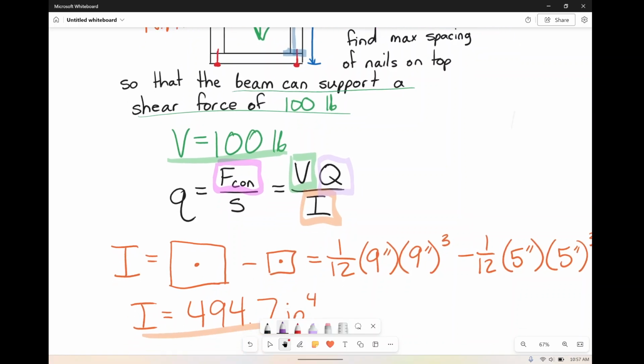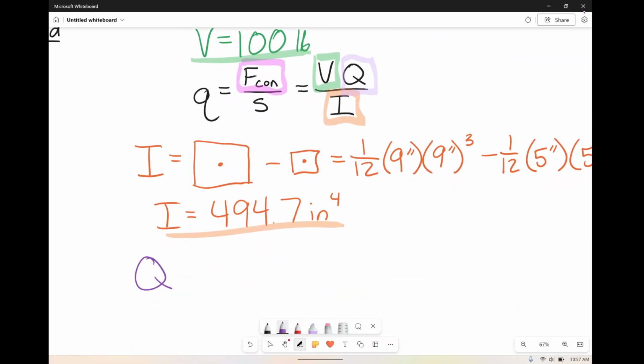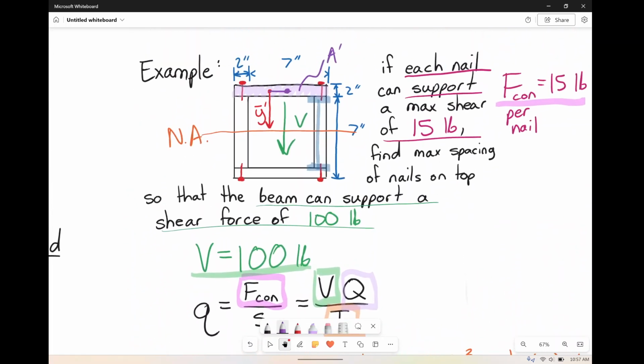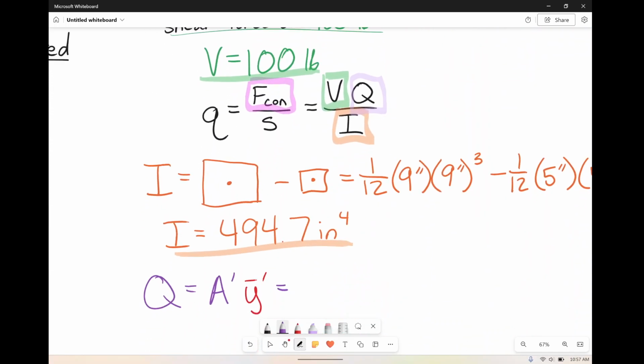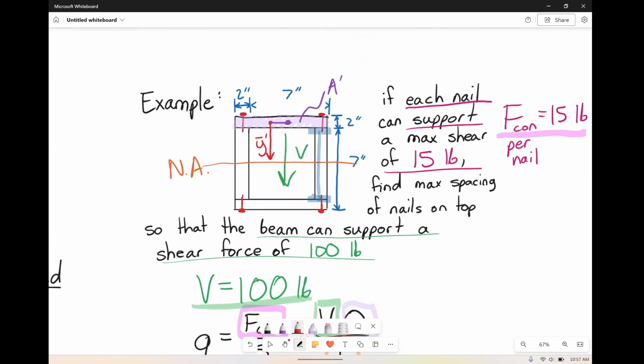Okay, so first things first with Q, I need area prime, and I said y bar prime. So how about area first? Area of that shape, a grand total of 9 wide and 2 tall. So 9 inches wide by 2 inches tall, that's area. Next, we need y bar prime, the distance from his center to the neutral axis.